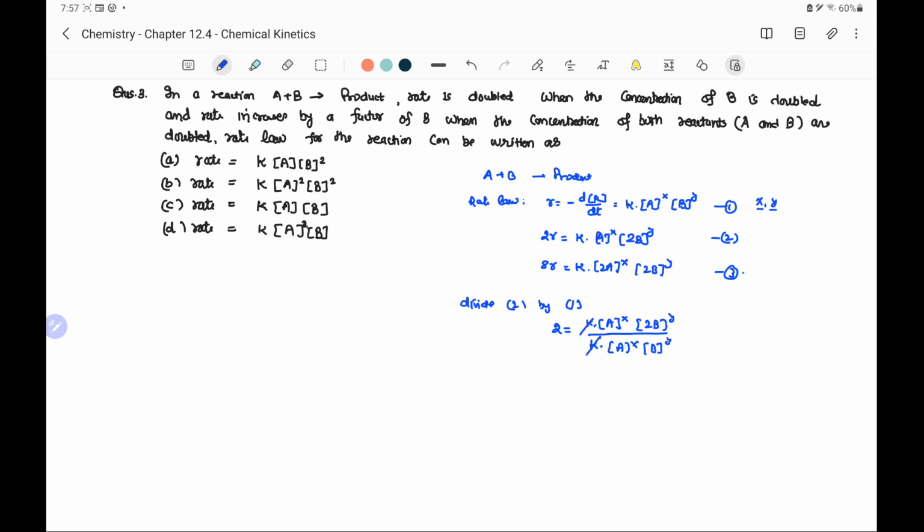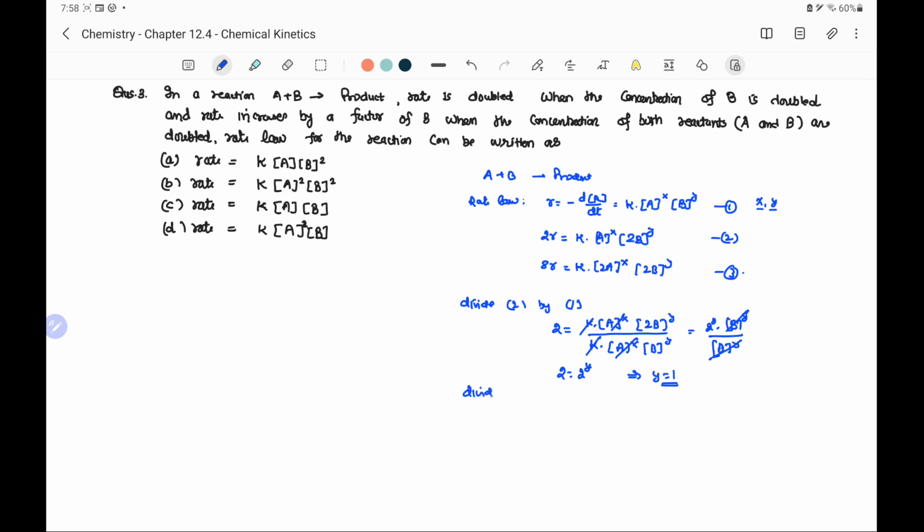Here K is common, A raised to the power x is also common, and remaining will be 2 raised to the power y into B raised to the power y divided by B raised to the power y, which also gets cancelled. So 2 is equal to 2 raised to the power y. Therefore, on comparing, y will be equal to 1.